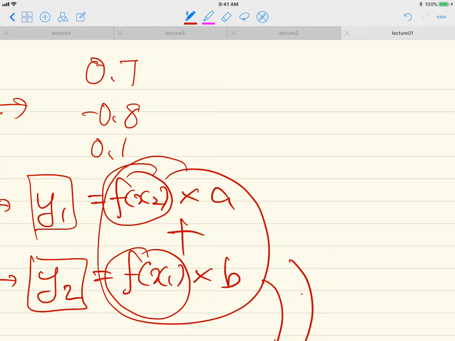Okay, so let me try a few examples. Suppose the inputs are 2 and -3, and the ReLU outputs will be like this.